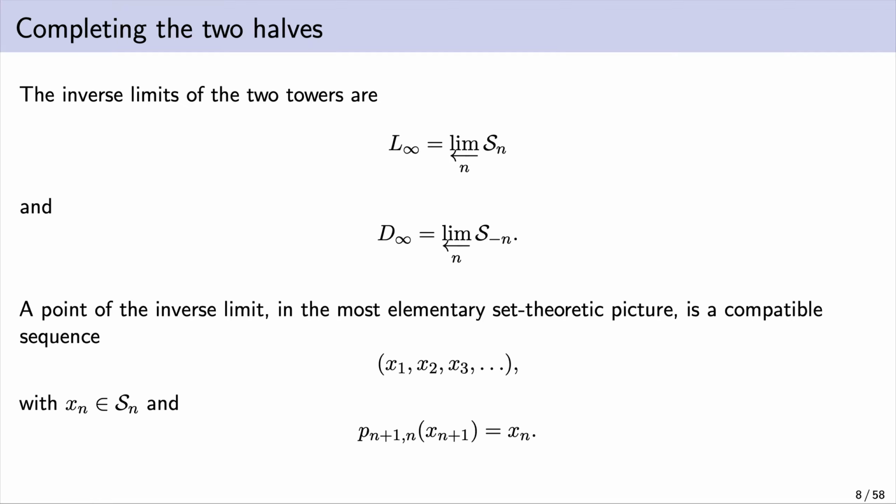A point of the inverse limit in a very elementary set theoretic picture is a compatible sequence x1, x2, x3, and so on, where xn is some element in Sn, and p n plus 1, n applied to xn plus 1 returns xn.